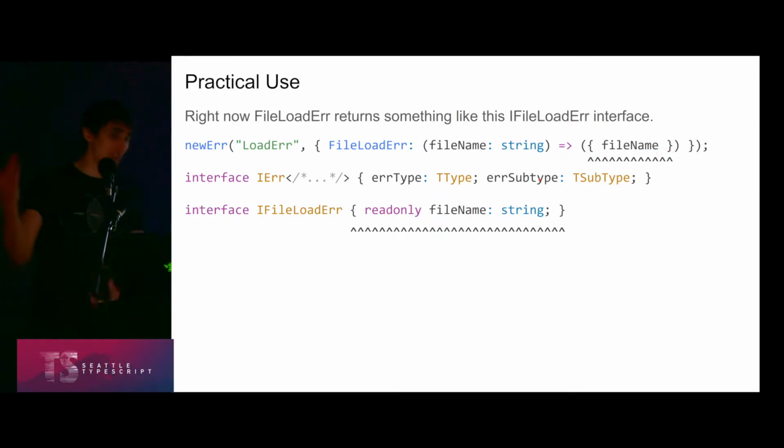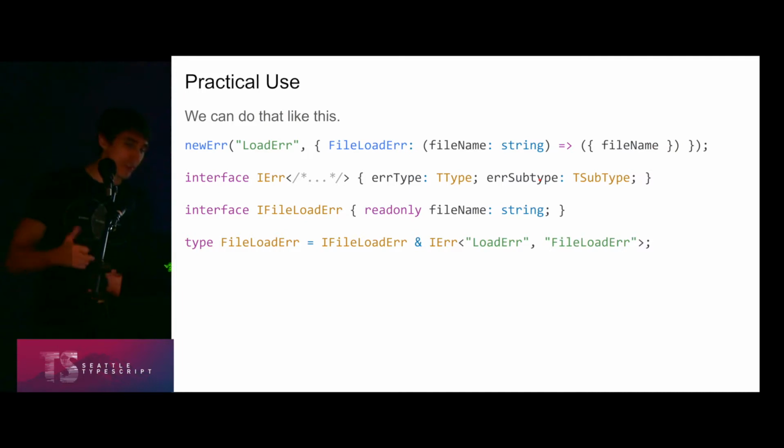And the way you would bolt on that data is you'd use a union. You'd say your error's got the main tag and the sub tag, and we just union that with whatever the return value was. We bolt it on. Now we could get any of the properties in I error, or we could get any of the properties in I file load error. But we can't paste all this code for each one of our functions.